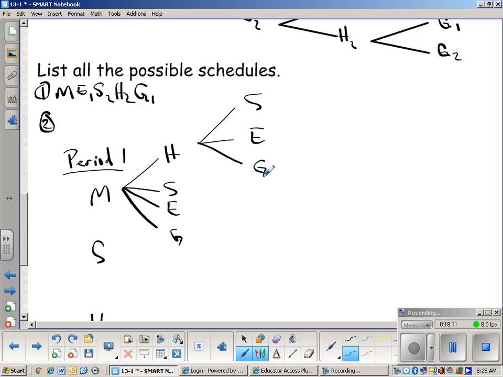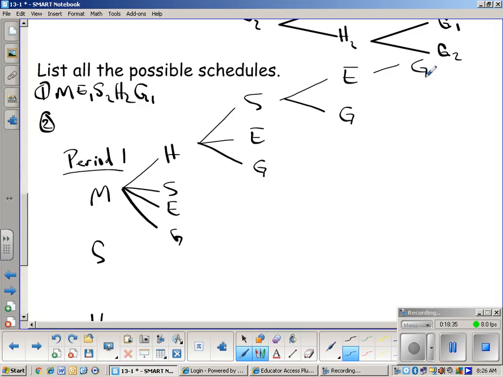And once I chose science, I could choose English or gym. Right? And so that's what it would look like. My first period, second period, third period, fourth period, and fifth period class would look like this. Okay?